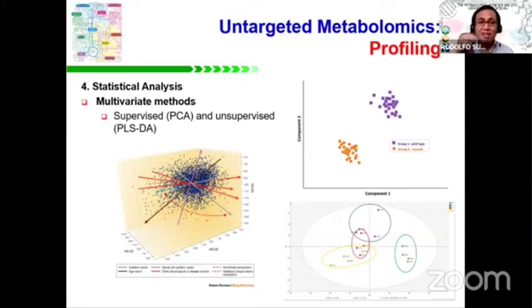That's why statistical analysis, and I emphasize multivariate methods, is a very crucial step in the differential expression analysis. This gives you the proof of concept so that you can proceed to the metabolite identification and eventually do high-level functional interpretation such as pathway analysis and metabolite set enrichment analysis.